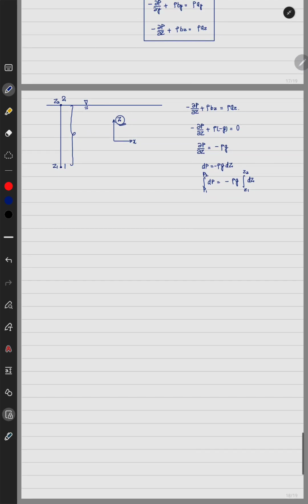Okay, now p2 minus p1 comes out to be equal to minus rho g into z2 minus z1. Now what I can say, p2 is equal to p1 minus rho into g into z2 minus z1.